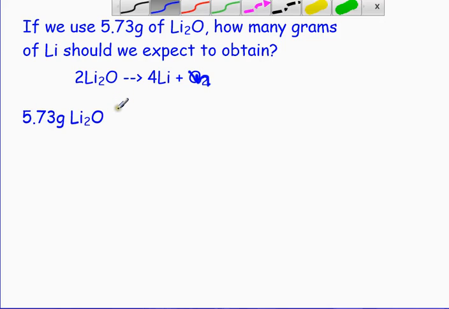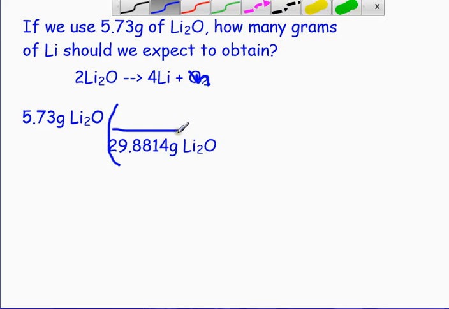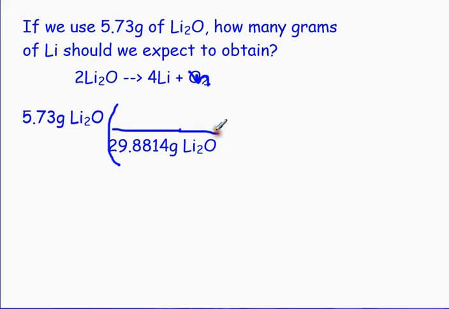Now, the first thing I need to do is I have grams. I need to get it to moles. So I'm going to do my parentheses. And since I started with grams of lithium oxide, I need to put the grams of lithium oxide on the bottom. The molar mass of lithium oxide is 29.8814.